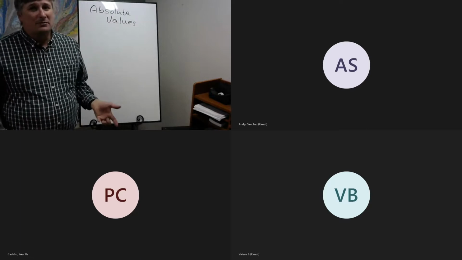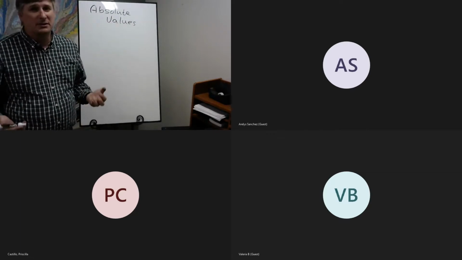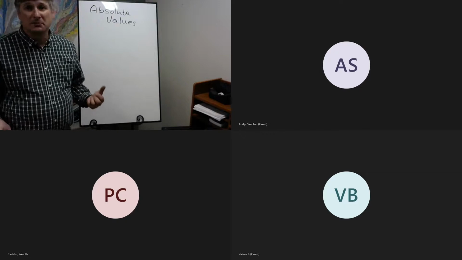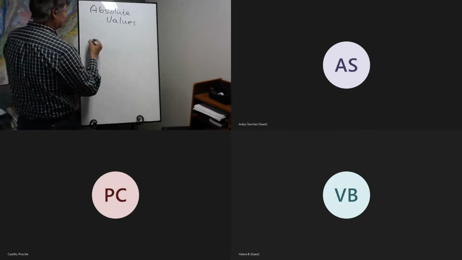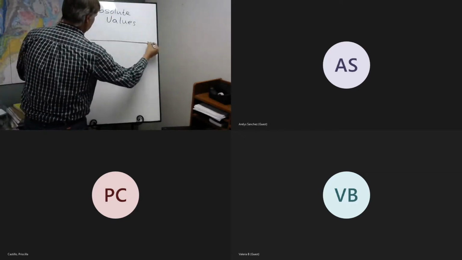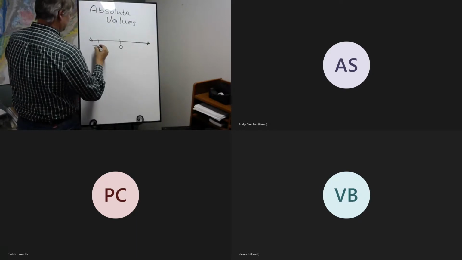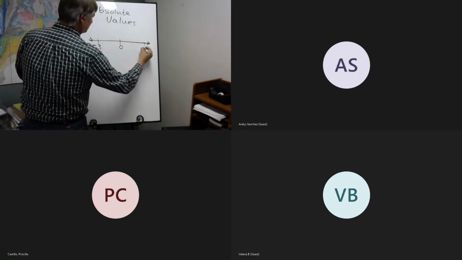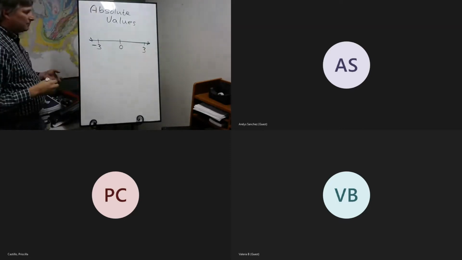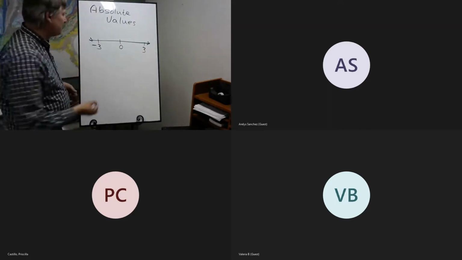Essentially, they make everything positive. And what they really measure is the distance a number is from 0. So how far is 3 from 0?